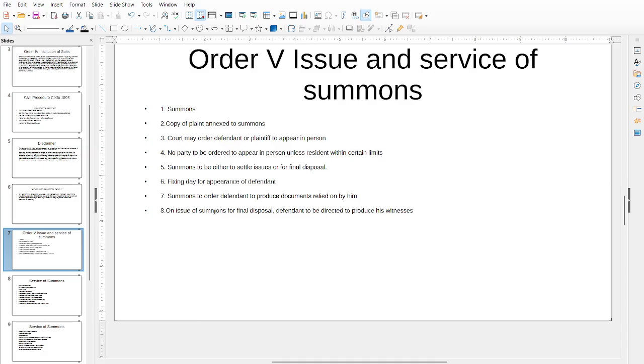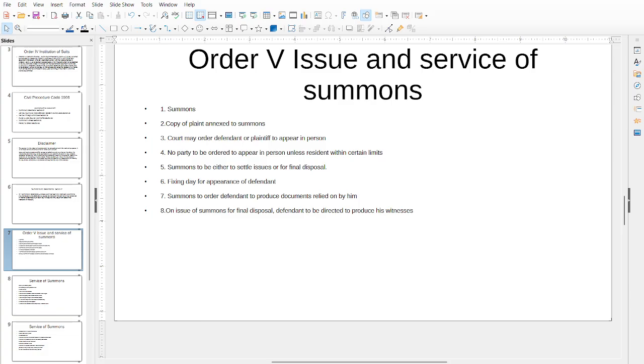Order 5 Rule 6, fixing day for appearance of defendant. The court specifically decides on which day the defendant should be present in the court. As I already told you, if the defendant resides well within the jurisdiction, which is less than 50 miles or less than 200 miles, then the court will ask the defendant to come down to present his case.